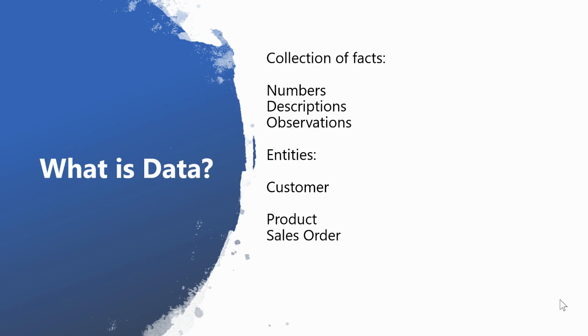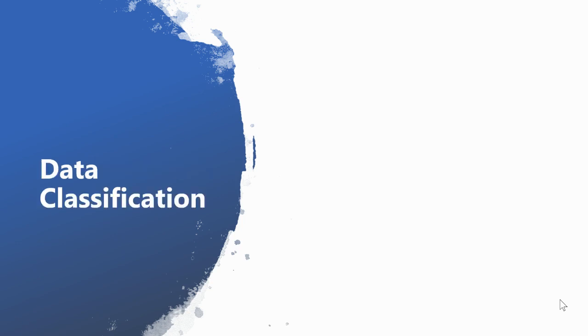Each entity typically has one or more attributes or characteristics. For example, a customer might have a name, an address, a phone number, and so on. We can classify data as structured, semi structured, or unstructured data.